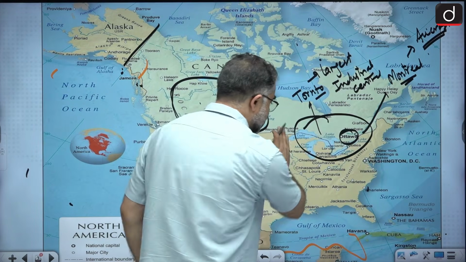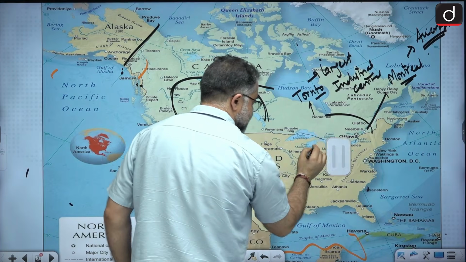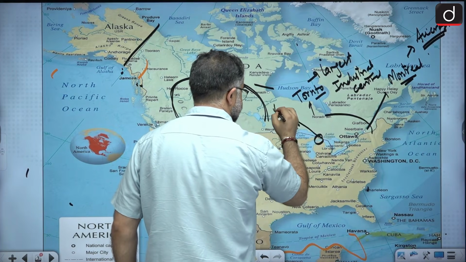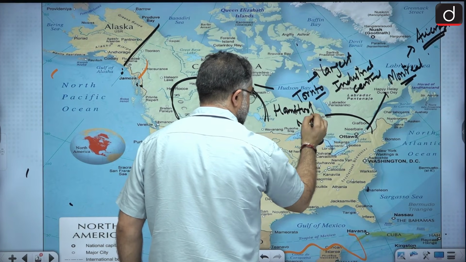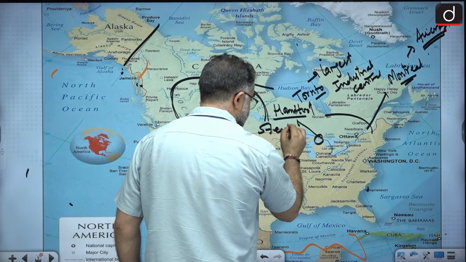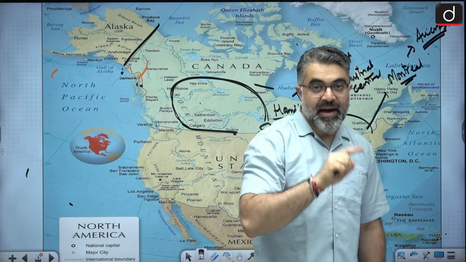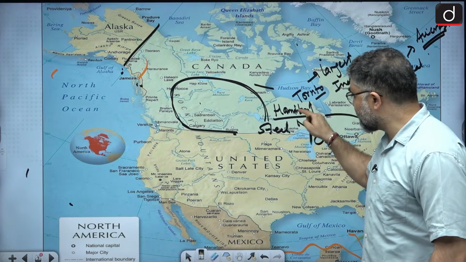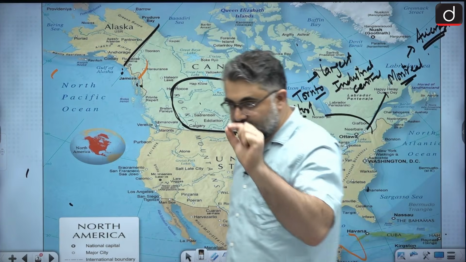To the south of it lies one more city known as Hamilton in Canada. Hamilton, being close to the Great Lake regions, has steel industries. It's one of the largest steel producing centers of Canada. So you can mark in your atlas the location of Hamilton.